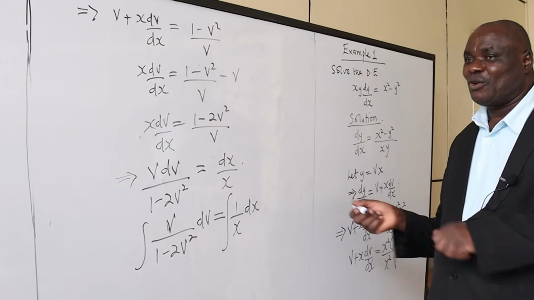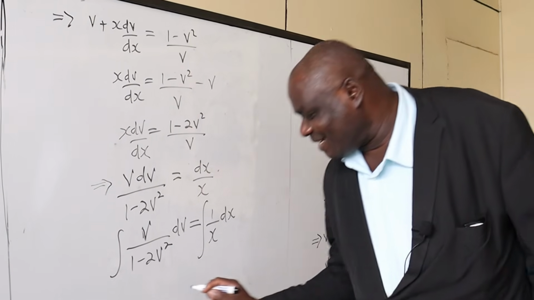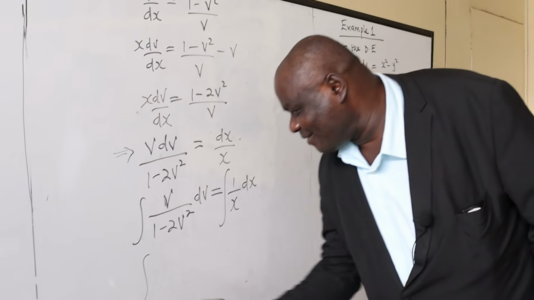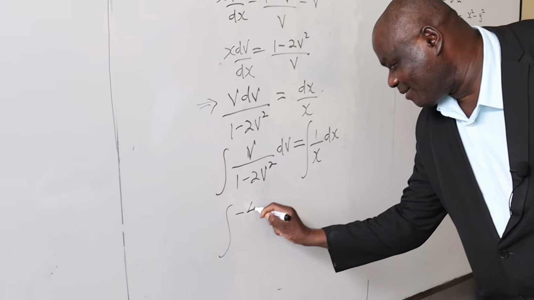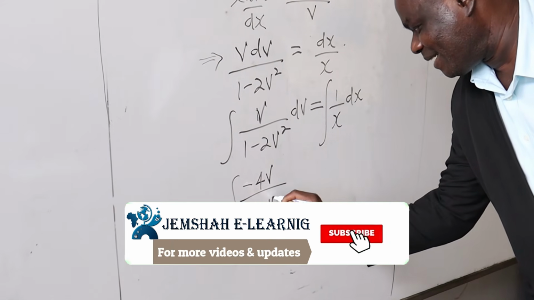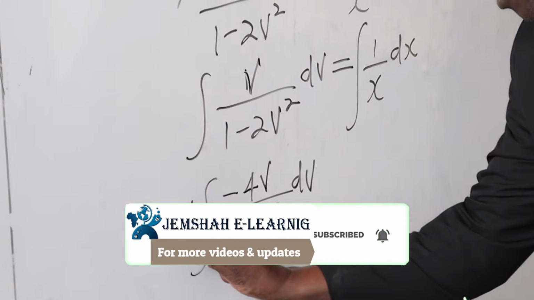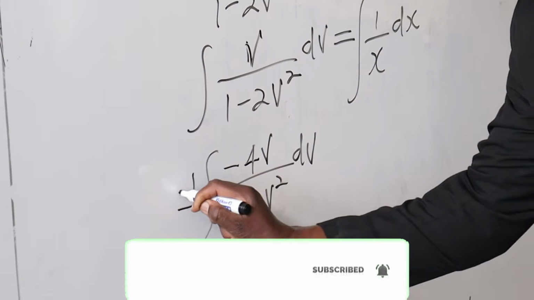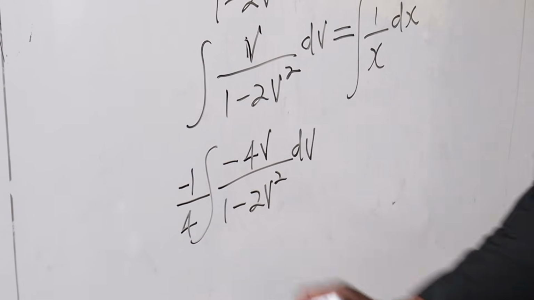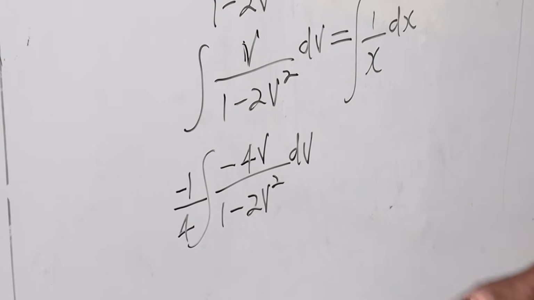A constant can always be included if it is going to help us. So we say this is the integral of minus 4v all over (1 minus 2v squared) dv, and we remove that one, so it will be minus 1 all over 4. Minus 1 over 4, if you multiply by negative 4, you get 1, which was there before.